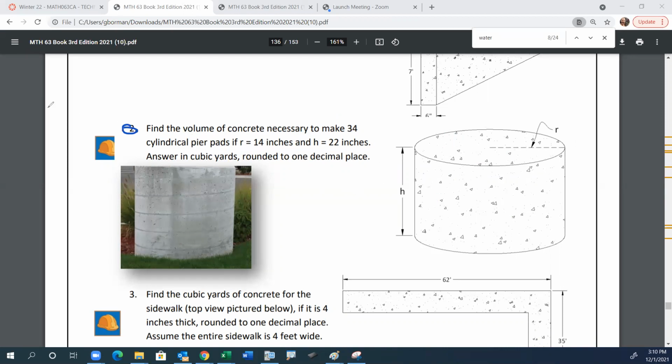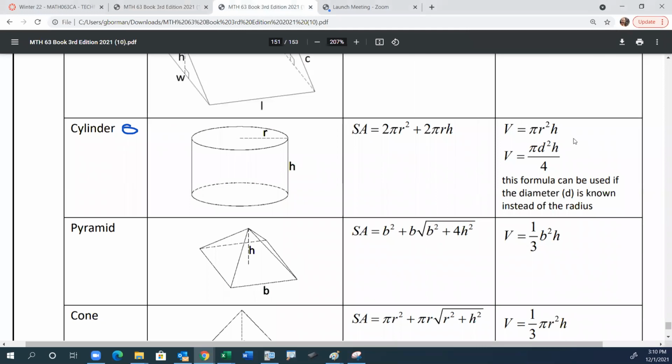If we look in the back of the book, we find the volume formula right about here. One version uses radius, the other one uses diameter, so not all that much difference.